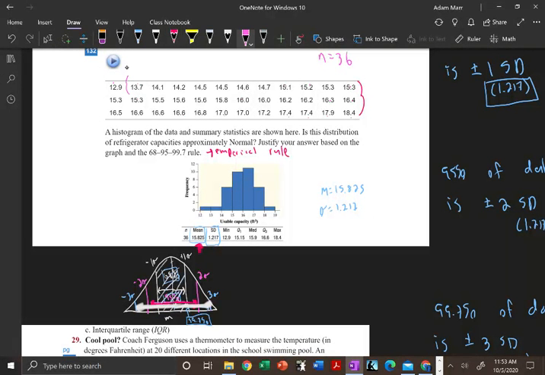So 13.391 is the cutoff there, and 18.259 is about right there, the cutoff. Okay, so what do we have here? Well, we have everything but this guy and this guy, but everything else is here. So this is going to be 36 minus 2, which is 34 values.